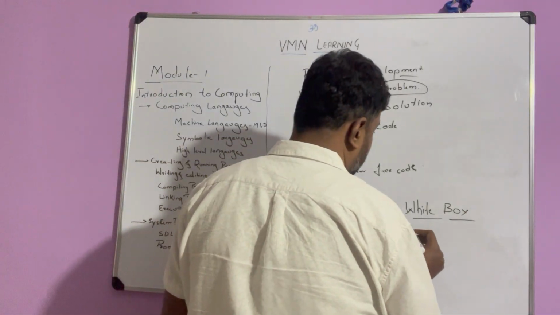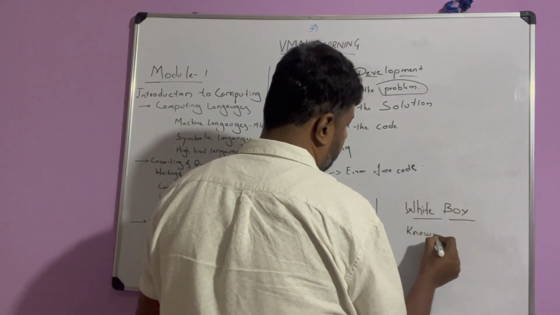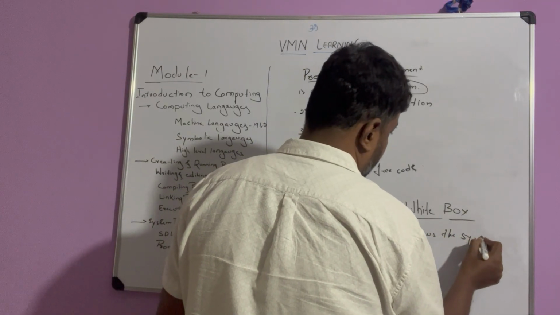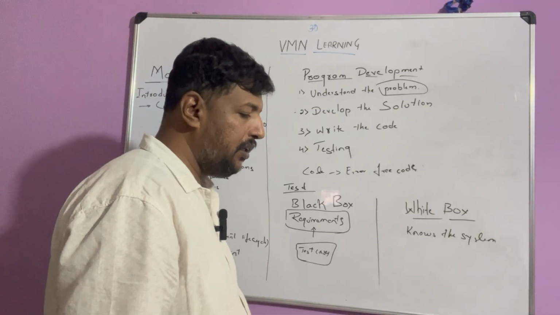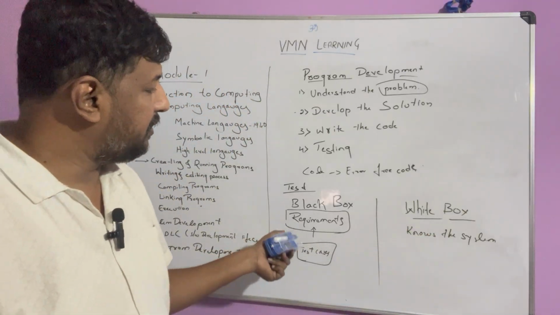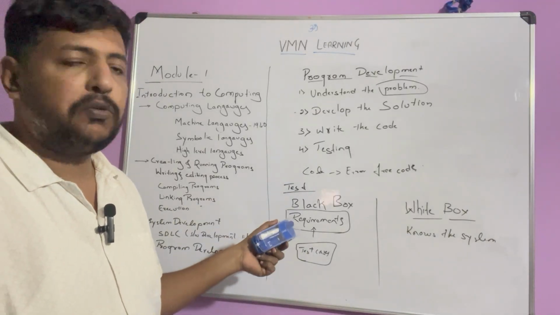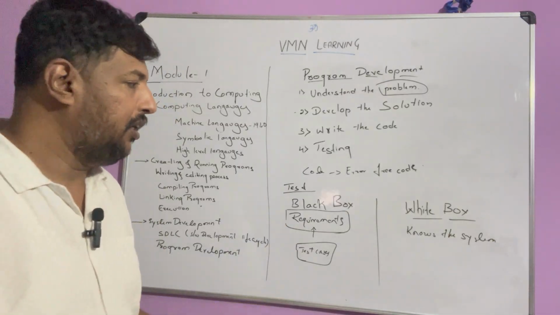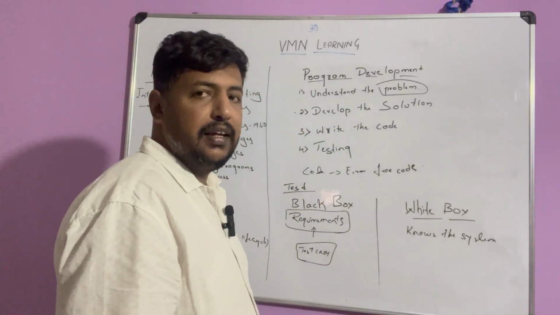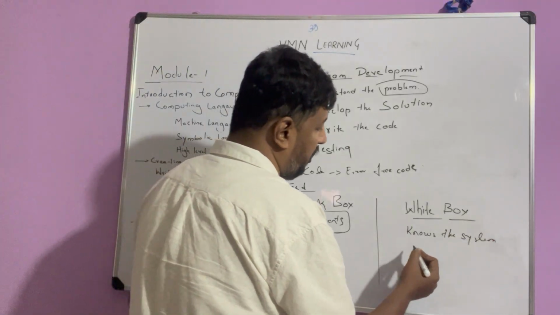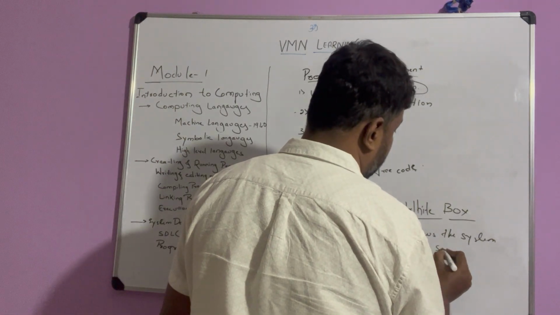Since he doesn't understand the system, the black box tester only looks at requirements and does the testing, while in white box testing, he knows everything. As he knows everything, the testing will be more thorough with respect to the existing system.